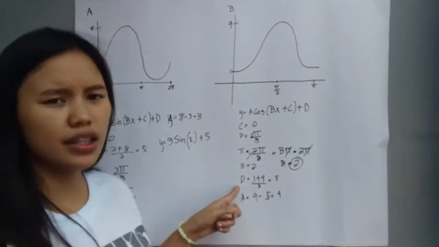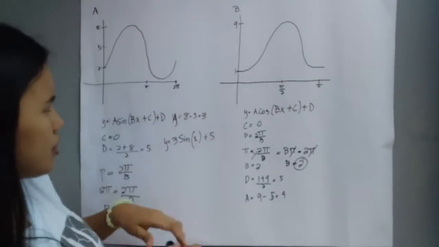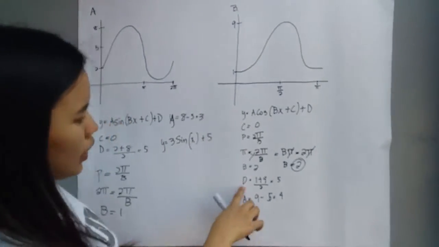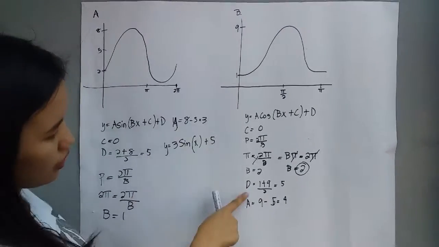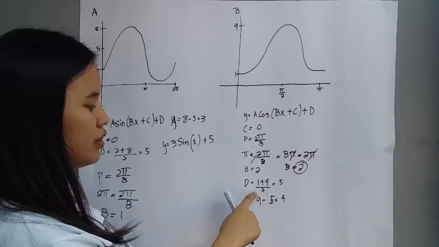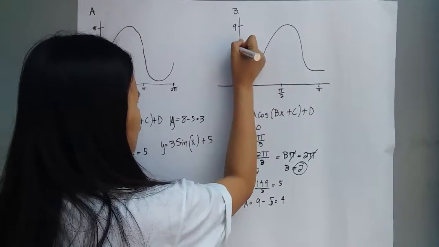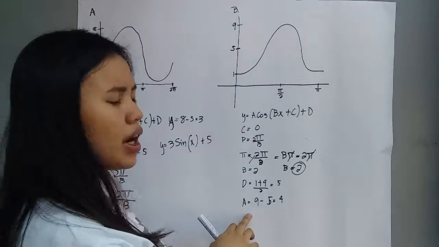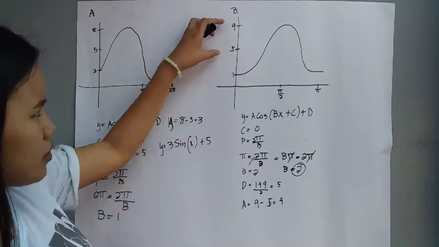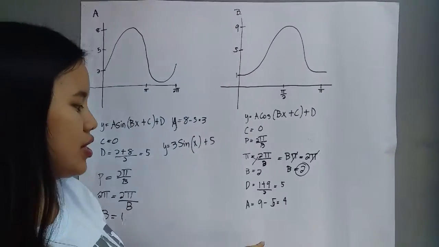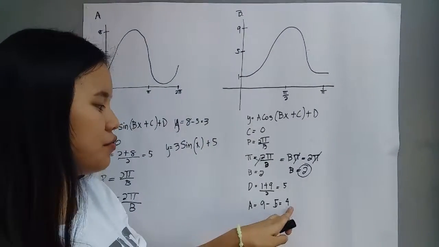For d, the distance of this, 1 plus 9 over 2 is equal to 5. So our midpoint is 5. Our amplitude is the distance between these two numbers, which is 9 minus 5, equal to 4.